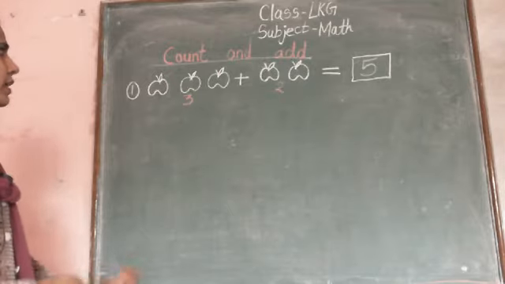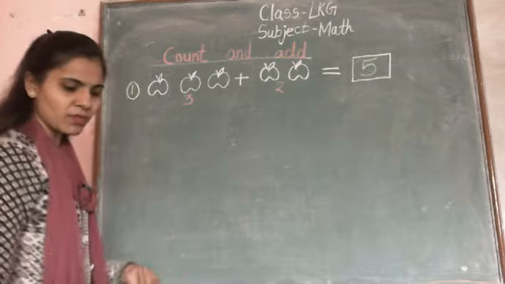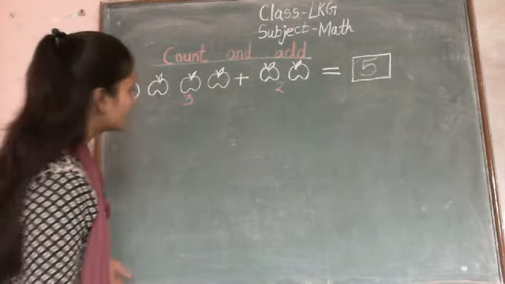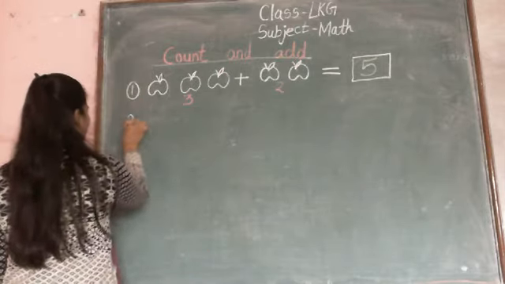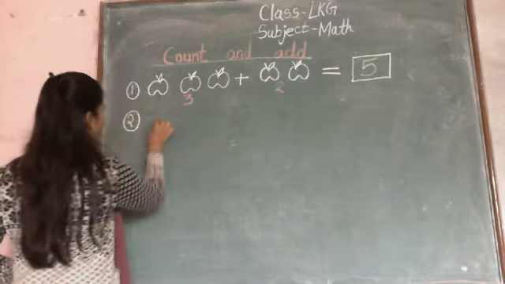Like this we will do all the examples. After number 1, which number will come? Number 2. Write number 2 and make the picture of mangoes.